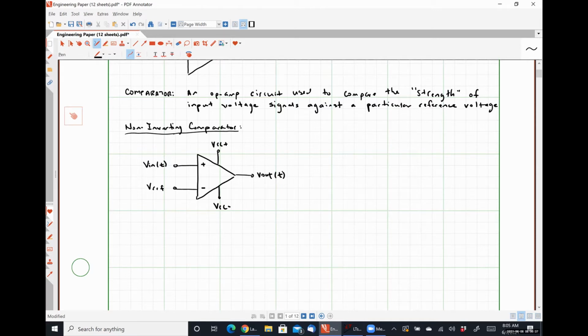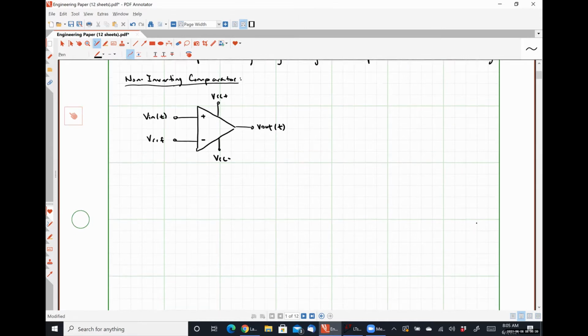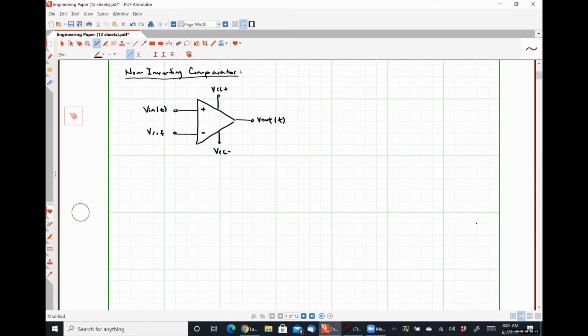At our output terminal. So if we drew a practical op-amp model representation of this circuit, it's going to look very similar to what we had at the end of the last class. Okay, so it's going to look something like this. Here is our input resistance Rin. This terminal represents our non-inverting input terminal.